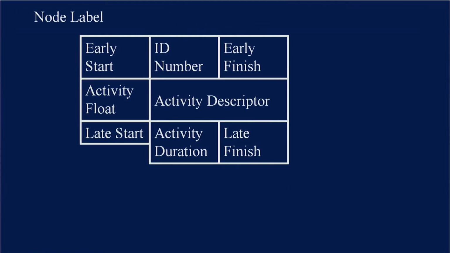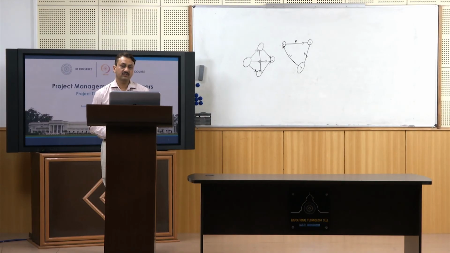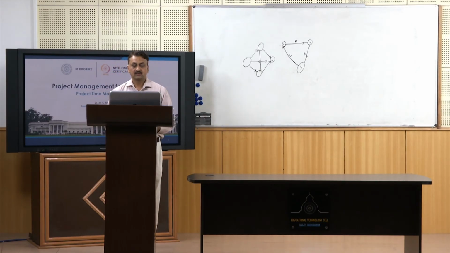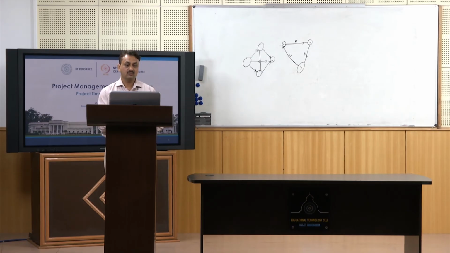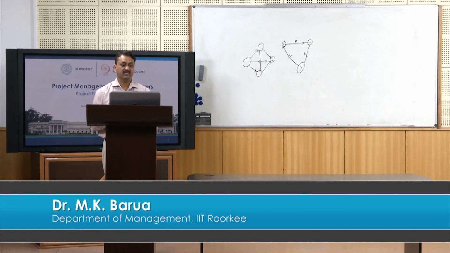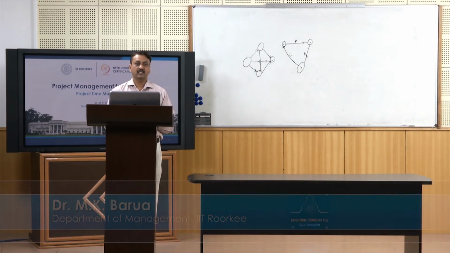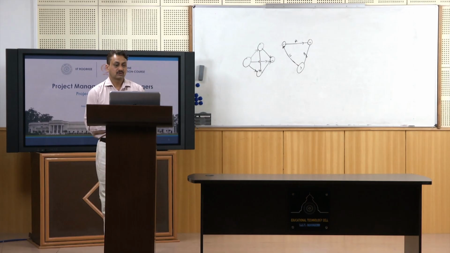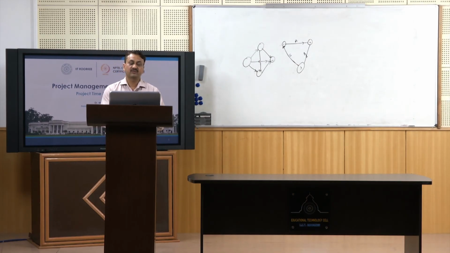Now, in a network you should have different types of representation. How do you label a network? Because in a network you have got different nodes and different activities. In the next class I will talk about how to label different nodes and activities and durations and resource requirement on a network, right.